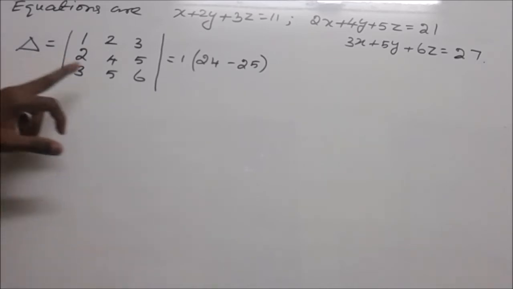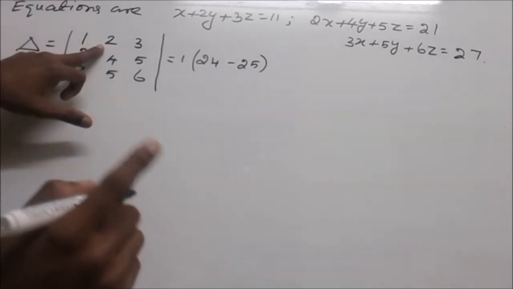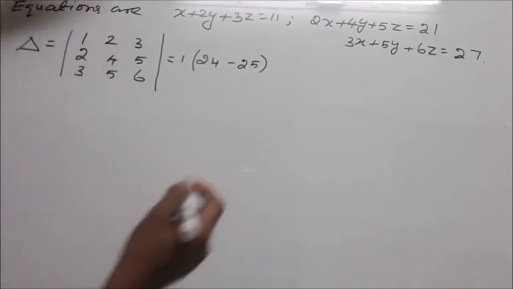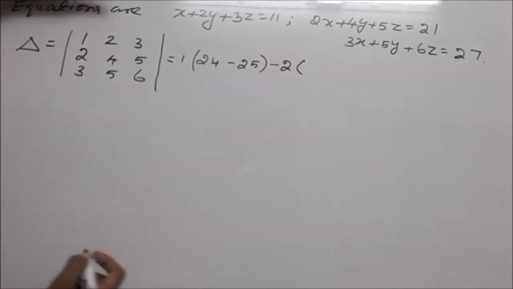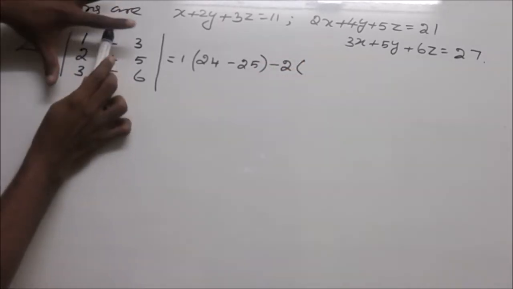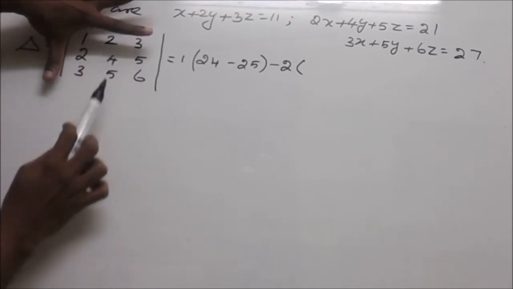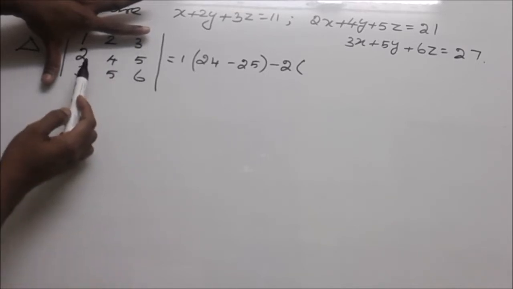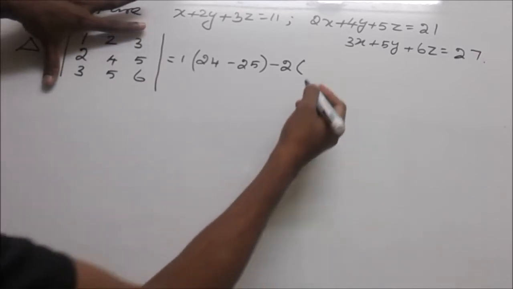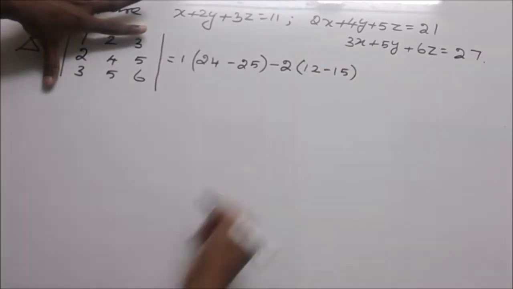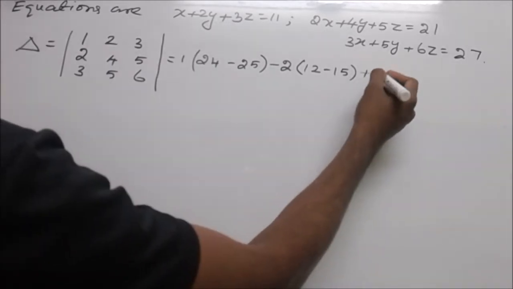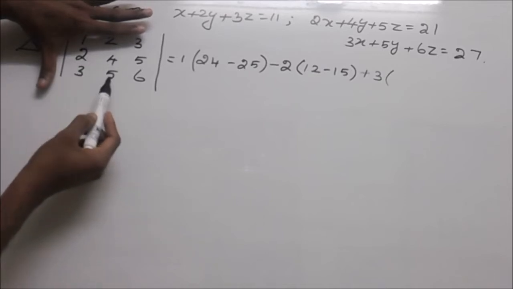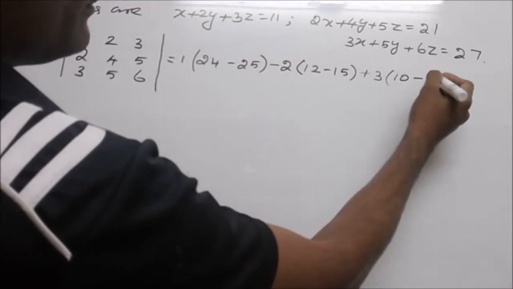And then for this one, for the purpose of taking cofactor, the sign will change. So minus 2 into, leaving that row and column, we have 4 elements. Cross multiply: 12 minus 15. And then by taking this 3 into these 4 elements: 10 minus 12.